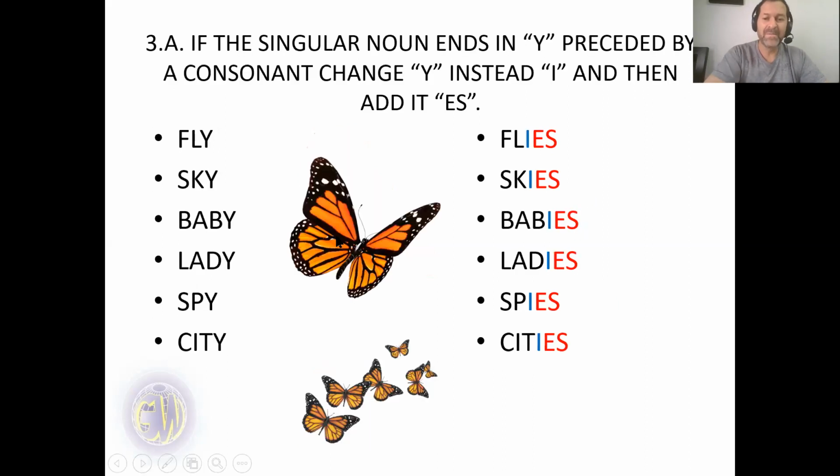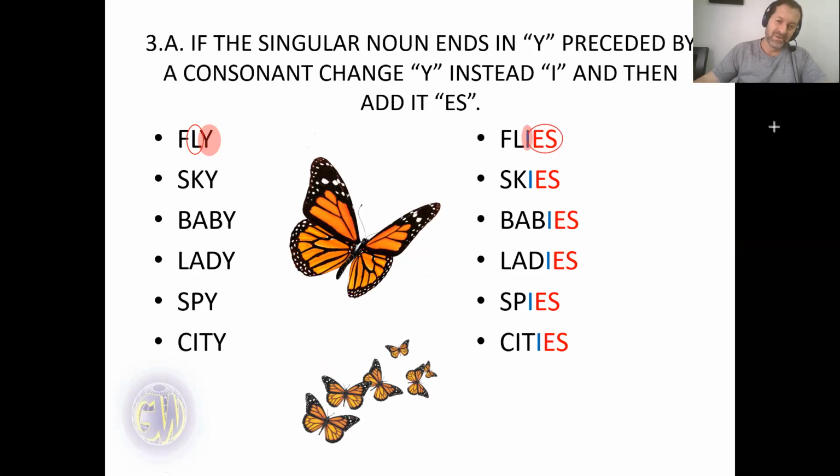Rule number three. It says if the singular noun ends in y, all right, and that y is preceded by a consonant, it says that we have to change y to i, and then we have to add es.